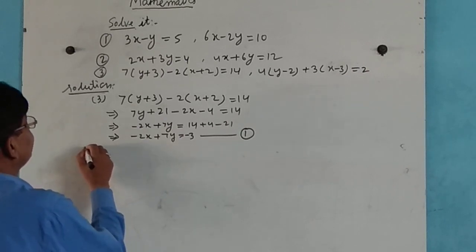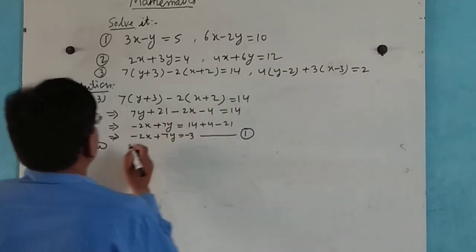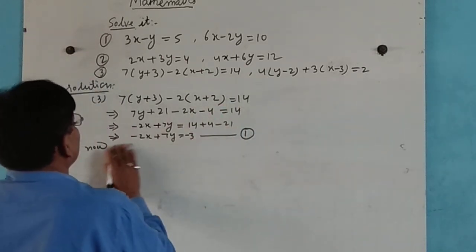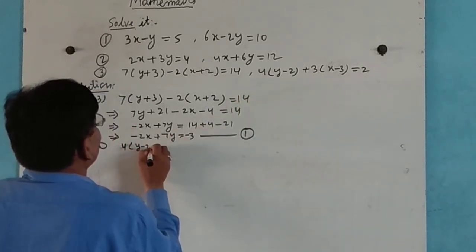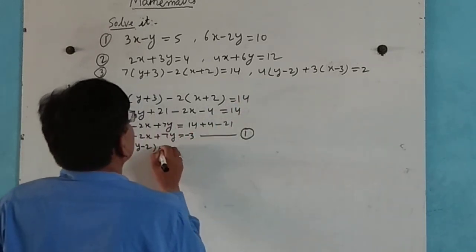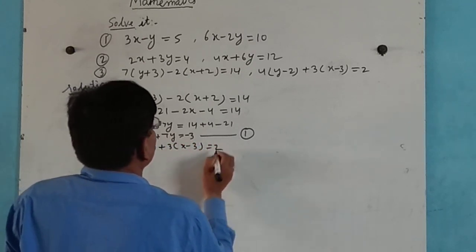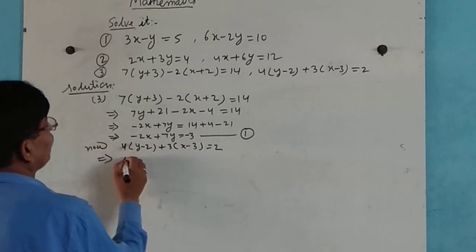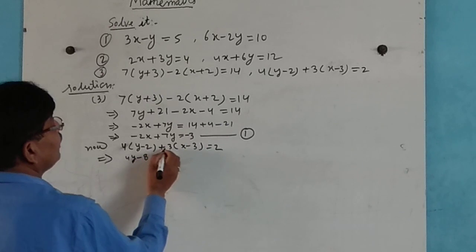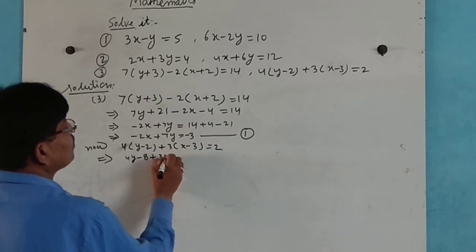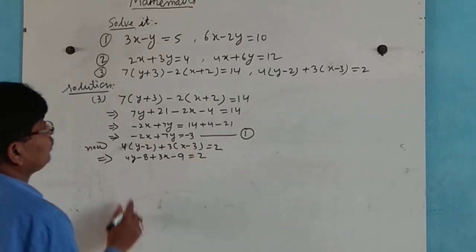Now the second equation: 4 into (y minus 2) plus 3 into (x minus 3) equal to 2. 4y, 4 times 2 is 8, 3x, 3 times 3 is 9, equal to 2.